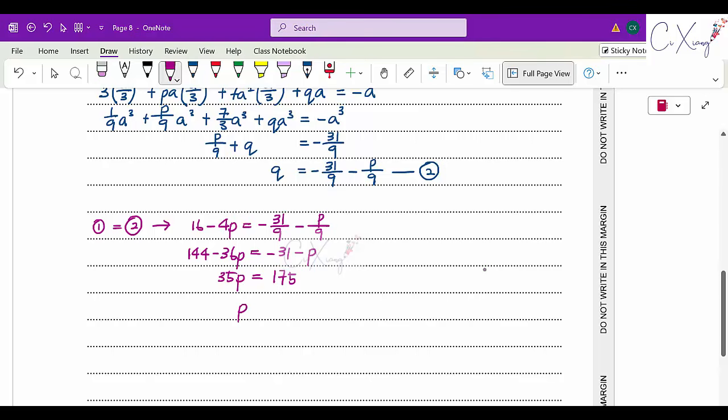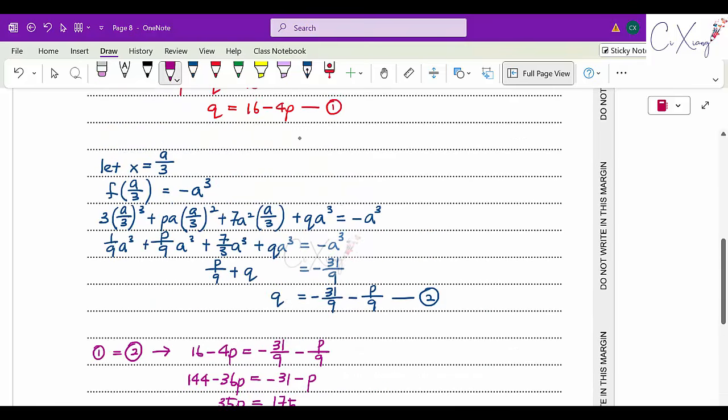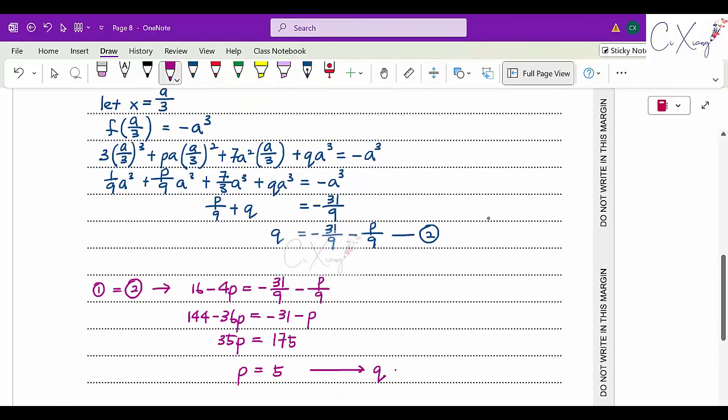I get the value for p equals 5. Then of course I need to get the value for q. I use the first equation, 16 minus 4p. q will be equal to negative 4. So this is how we get the values of p and q, by using the remainder theorem to form the equations and solve them simultaneously. This is how we solve this question.